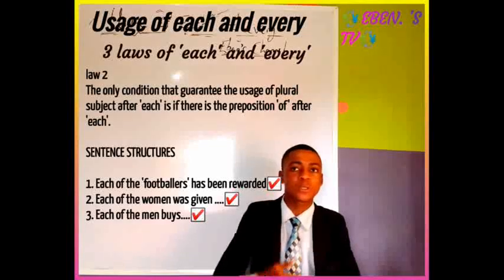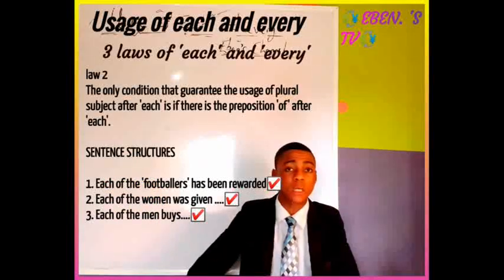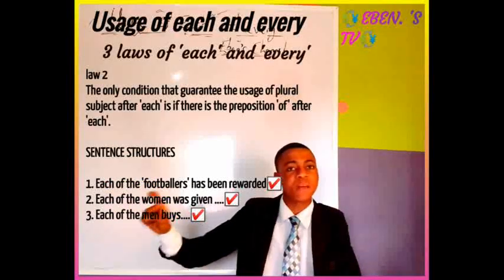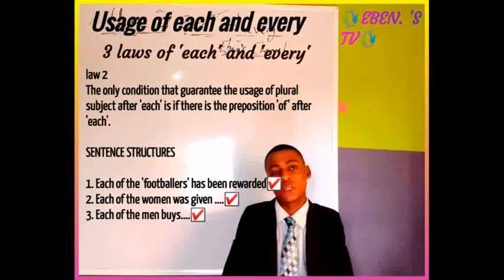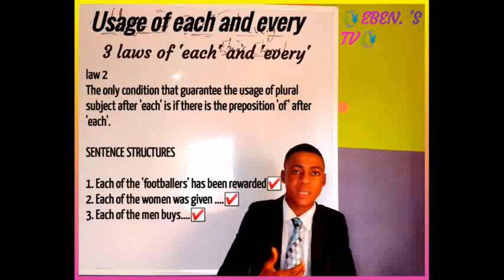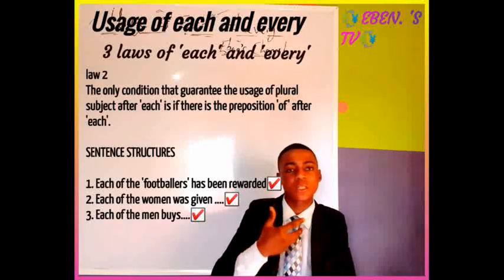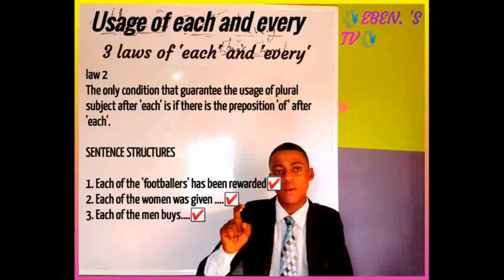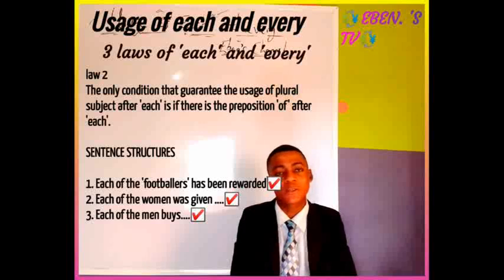The fact that you use of plus a plural subject doesn't mean that you should use a plural verb after it. A single verb must still be maintained. Do you get it? Let me just paraphrase the law. You are expected to use a plural subject after each only when you have the preposition of, and a single verb must follow as well. Alright, so that's it.